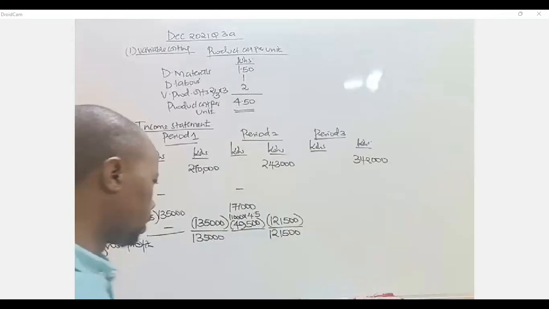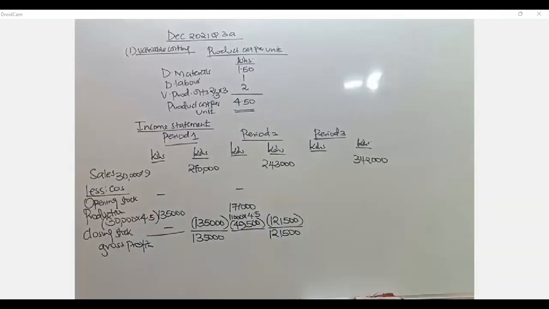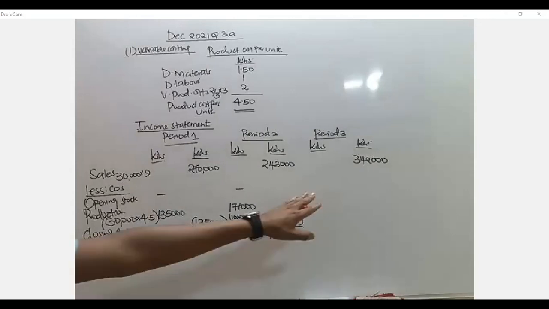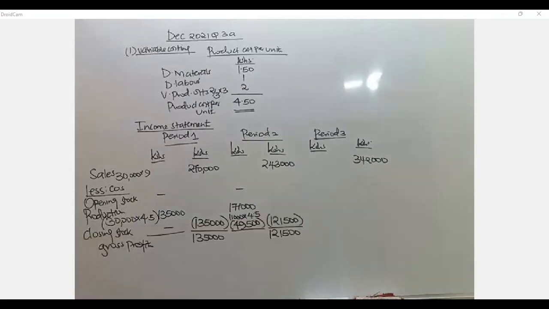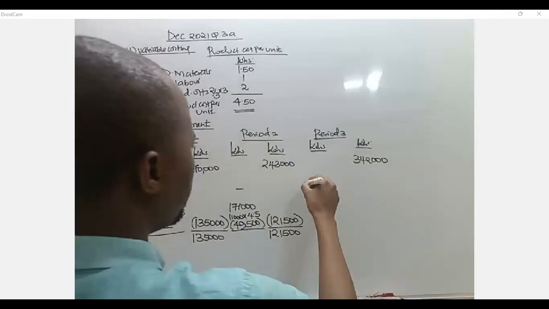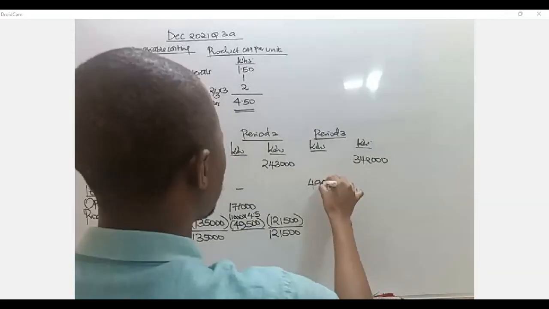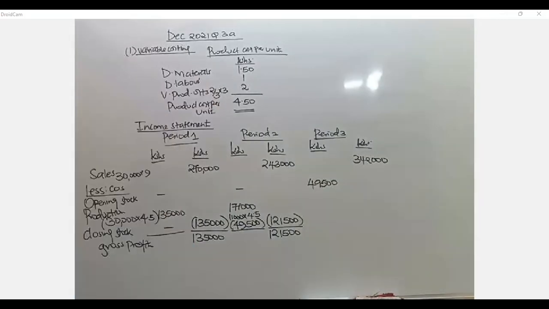You know very well that the closing stock of the second period becomes the opening of the third period. So how much will be our opening? You tell me it will be 49,500. What will be the production? I can see in the question, the production will be 27,000 for the third period.